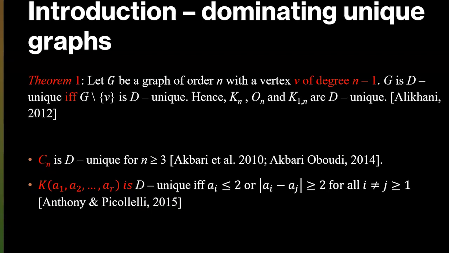Later on, we have the result that every cycle is D-unique. And in 2015, we have the result that a complete multipartite graph is D-unique if and only if every partite set is of size at most 2, or the sizes of any two distinct partite sets differ by at least 2.